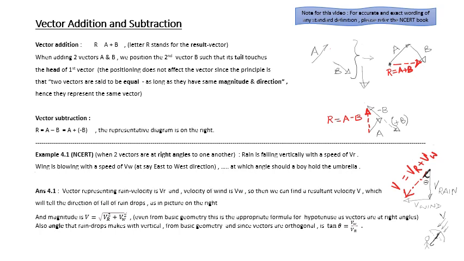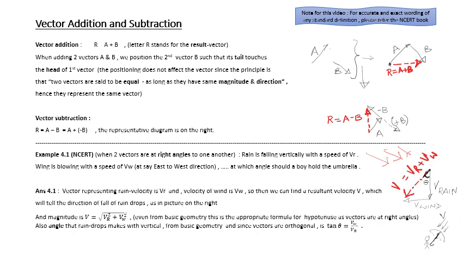And that is why if a boy is standing in the rain, it is better he inclines the umbrella in that angle. The angle which he has to incline is, if you look again at the diagram, there is an angle here. And this angle you can find out simply by trigonometry of this vector diagram.